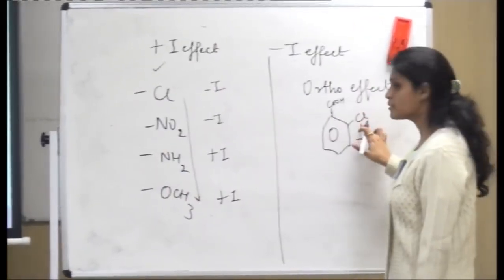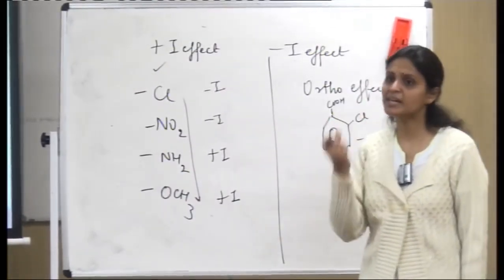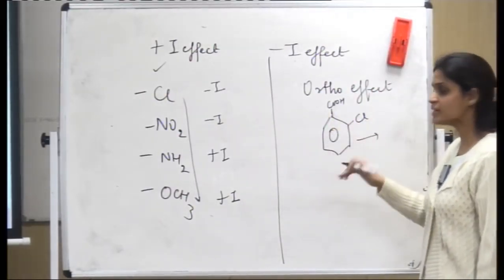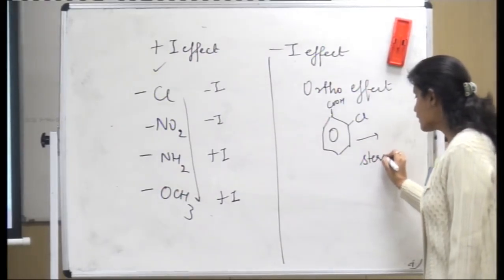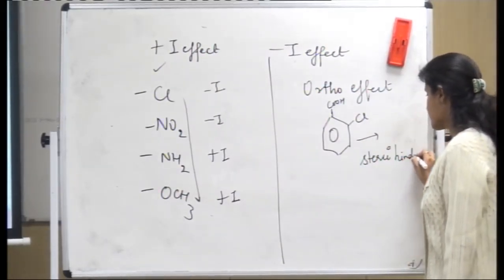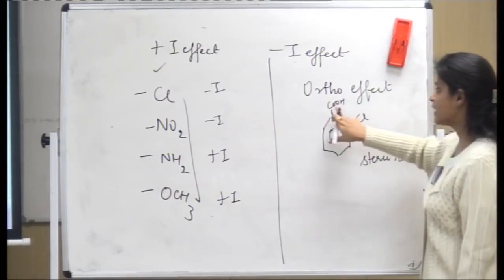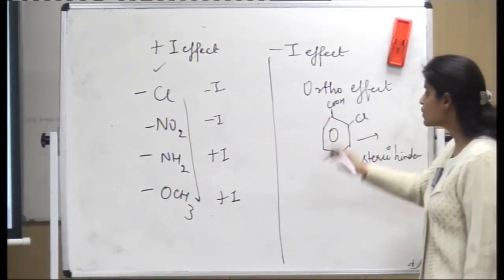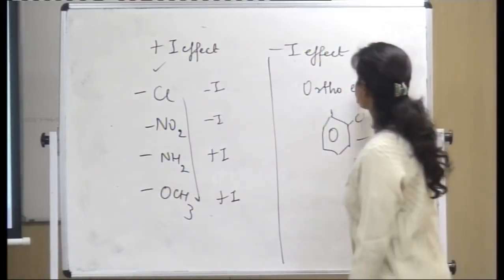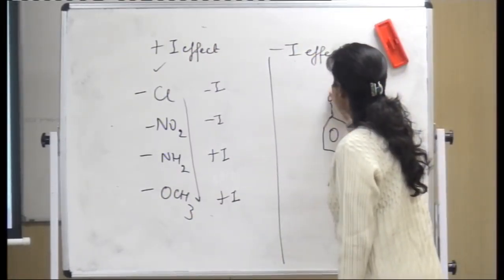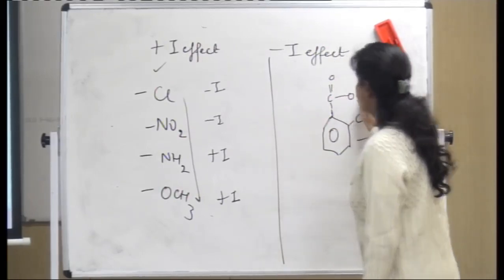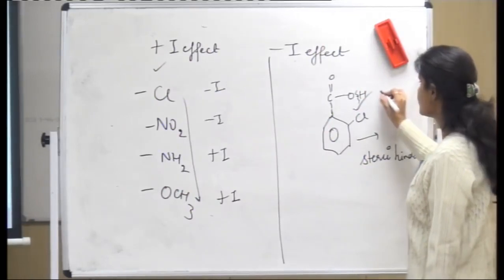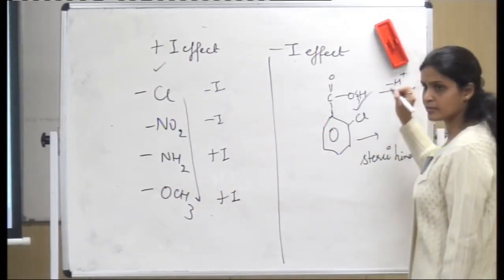Suppose if I place some bulky group at the ortho position to the main functional group, it will result in the steric hindrance, because this group and this main group will have steric hindrance with each other, due to which this proton bond gets weak and it can be dissociated easily, right?